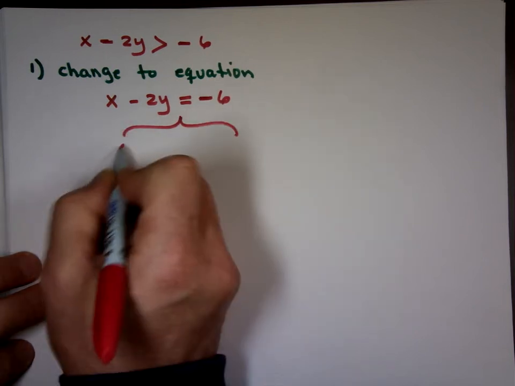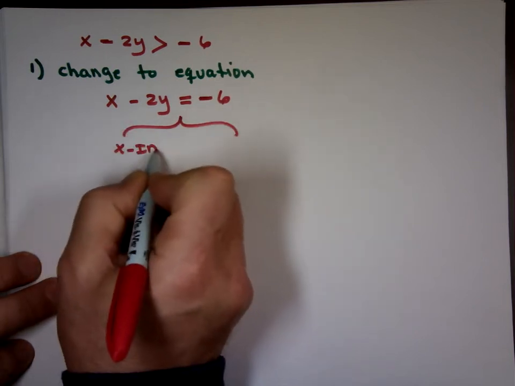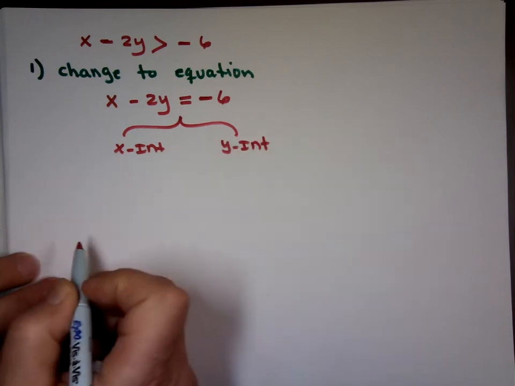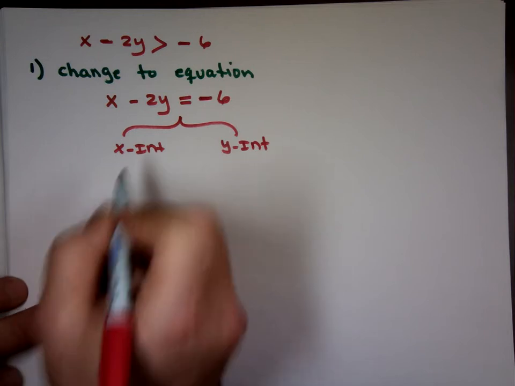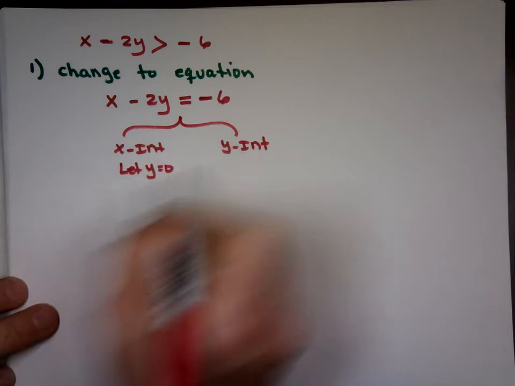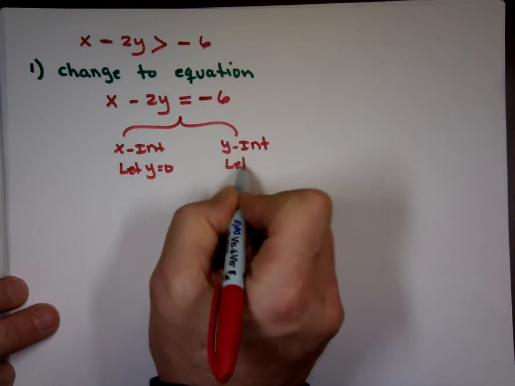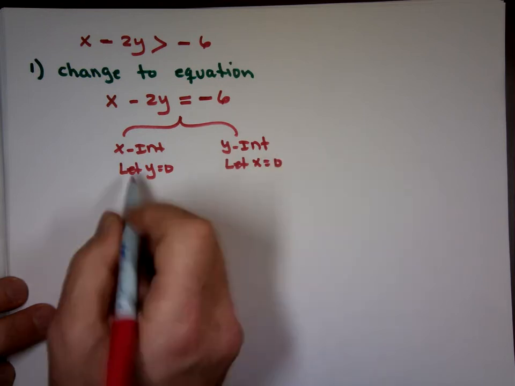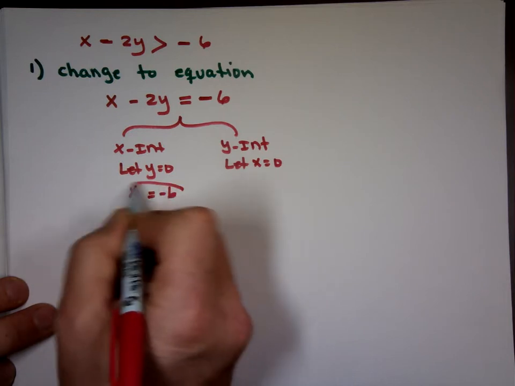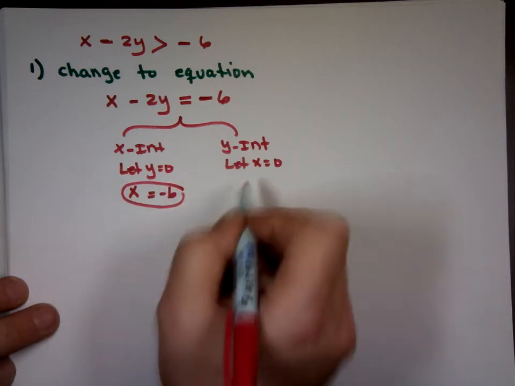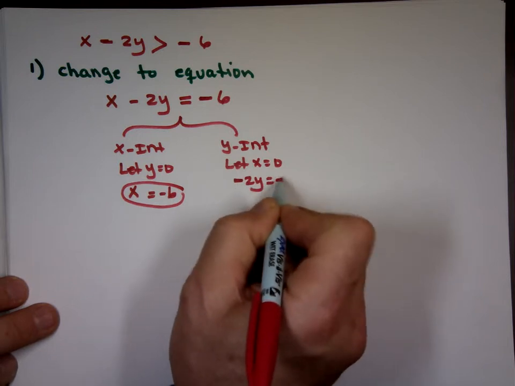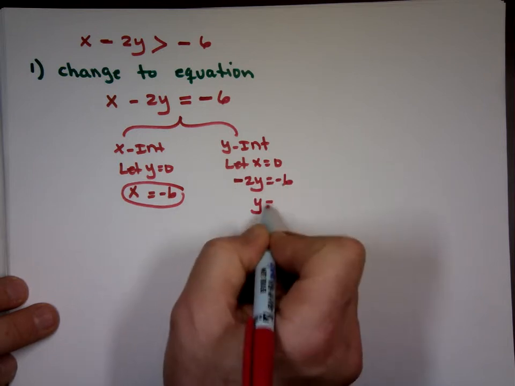X intercept, y intercept. The x intercept, you let y be 0. The y intercept, you let x be 0. So this is x equals negative 6. This is negative 2y equals negative 6. Where is y equal to? 3.